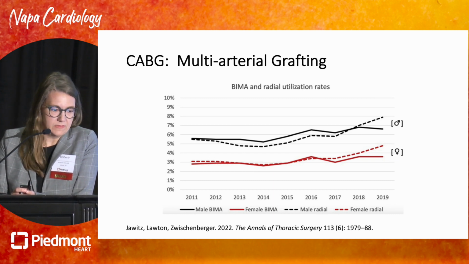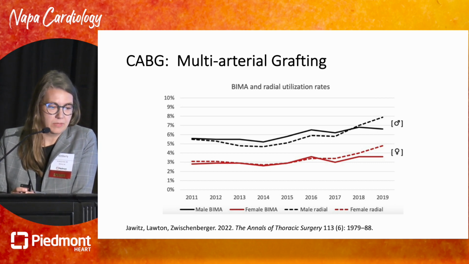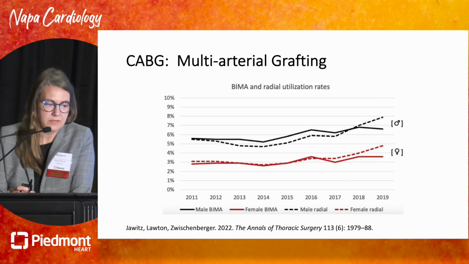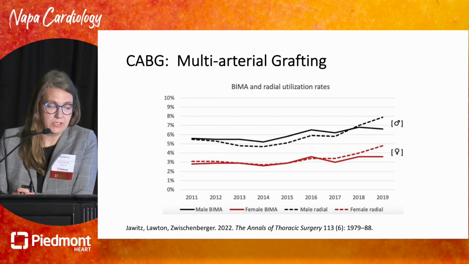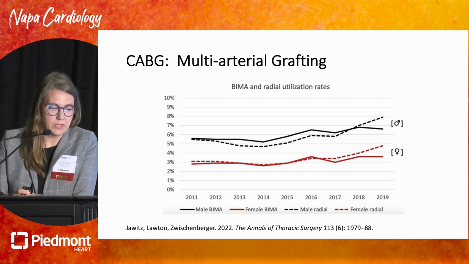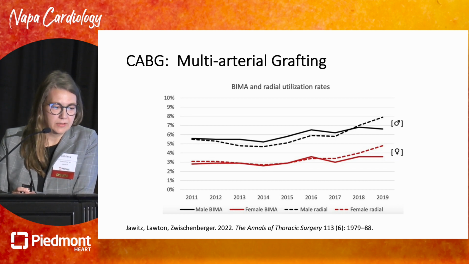As you can see by the scale, this is a scale of 10%. So our BIMA utilization and radial utilization at the national level, from our STS database, is still pretty low. There are multiple reasons for that, but the surgical community is really trying to pay more attention to this and utilize multi-arterial grafting when we have the opportunity to operate on these patients.